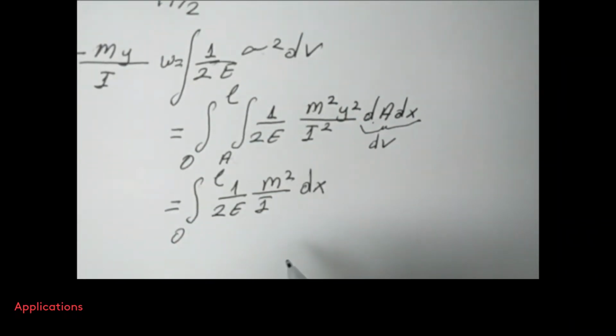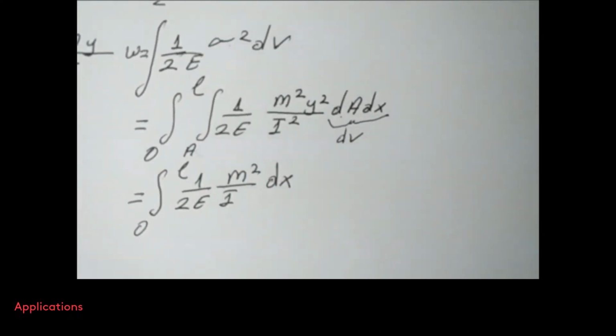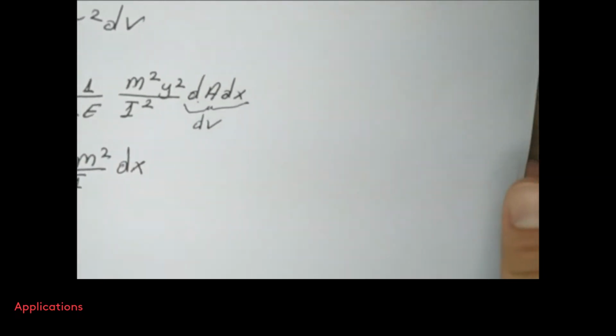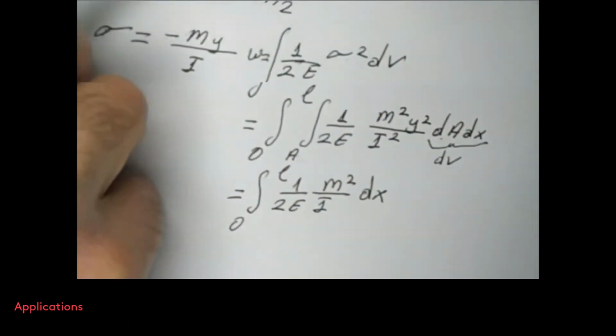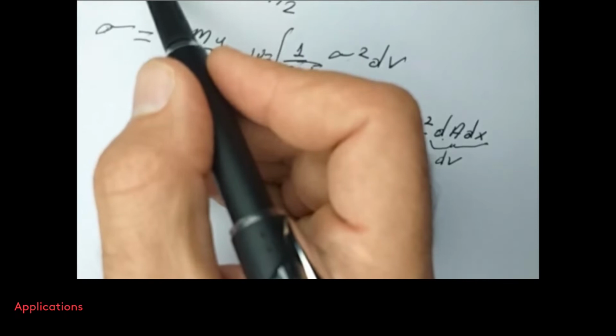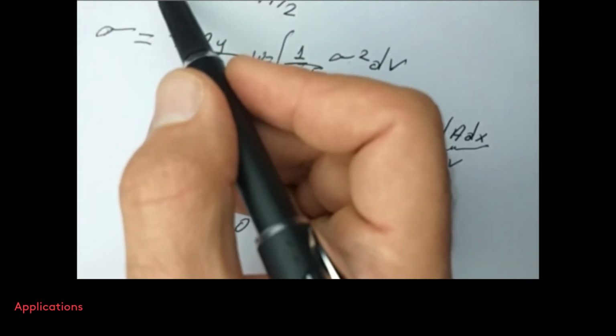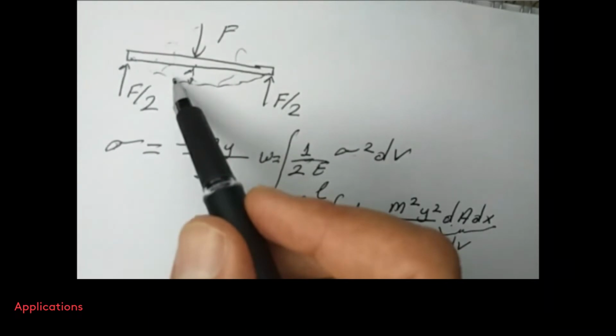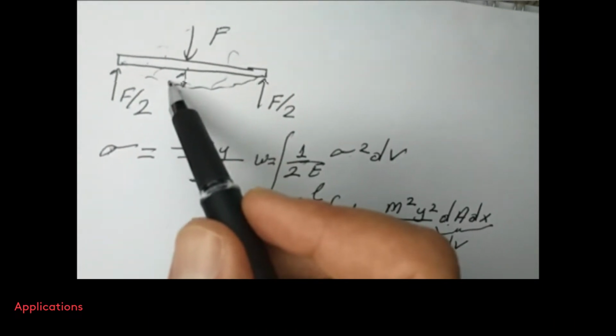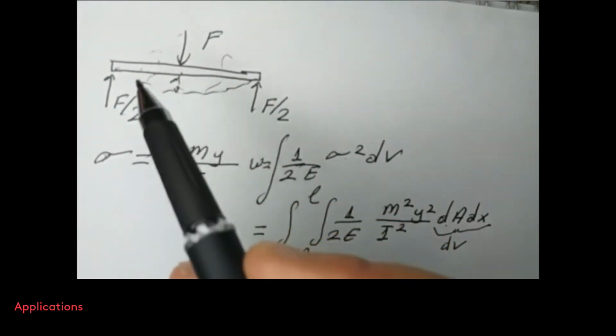Or let's do it like this. Okay, I begin to cut the structure from the left hand side. So let me show it. Okay, so first I will cut it from here. So this will be my first cut. Then I will cut it from here. This will be my second cut.